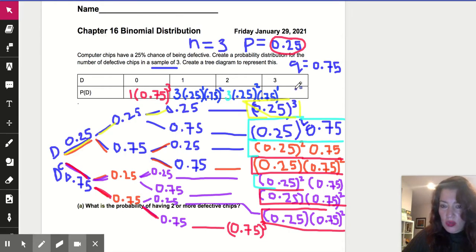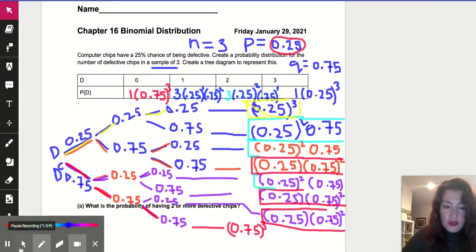So we can say 1 times 0.25 cubed. Now, once we have our probability model, if you added up all these probabilities, in other words, the probability of 0 defective, 1 defective, 2 defective, 3 defective, you should have an outcome adding up to 1, because all possible outcomes will add up to 1.